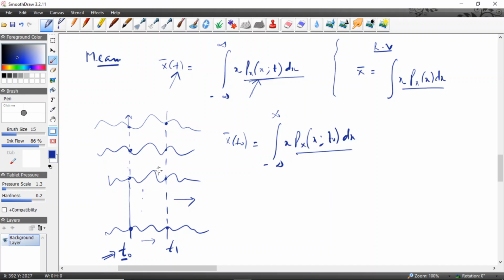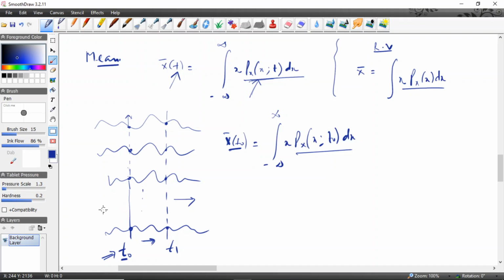And if its PDF is different, definitely all its statistical parameters, its mean, its variance, mean square value, everything will be different. So in general, in a random process, as you go along the time axis, the mean of the random process varies. It is a function of time because its PDF is a function of time.